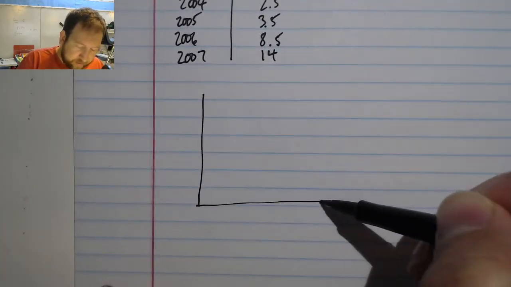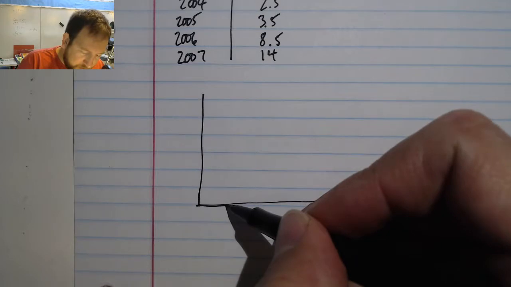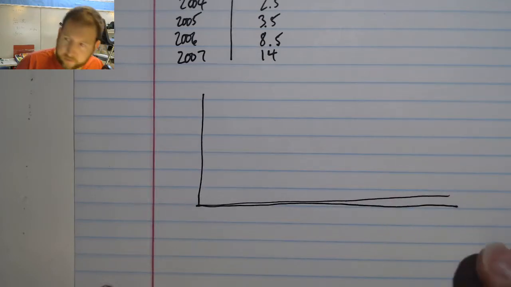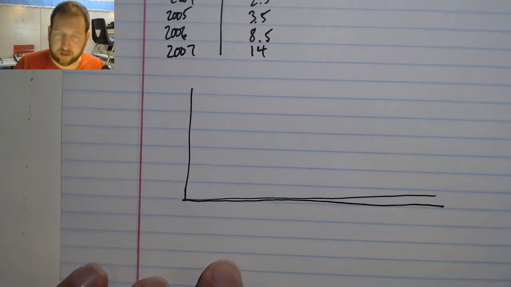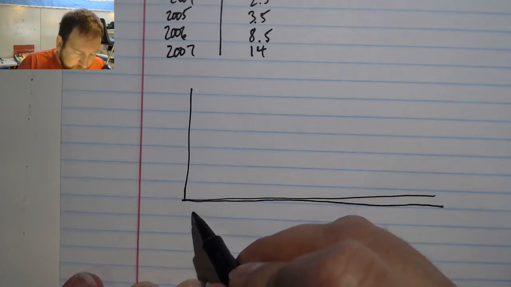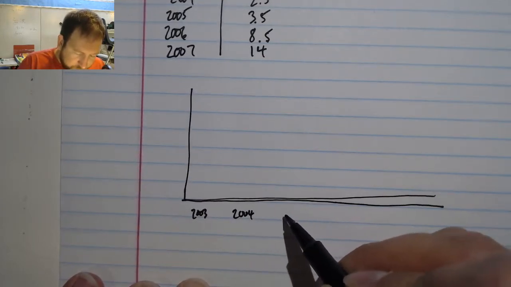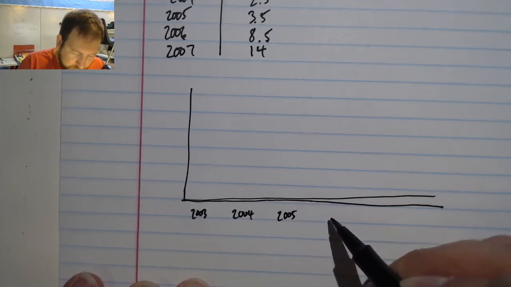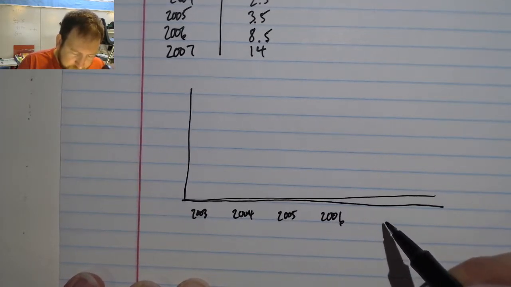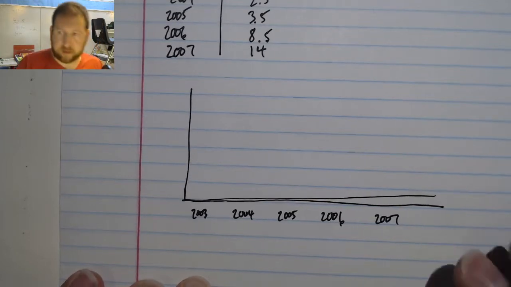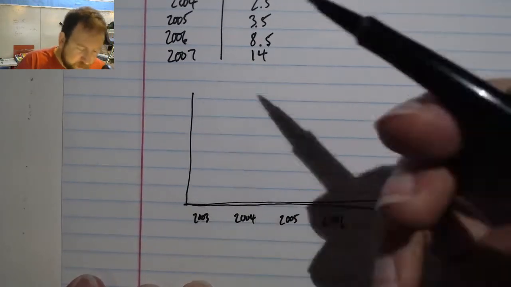Oops, man, my lines are terrible, even when I have a blue line to lead me along. So I'm going to put my 2003, 2004, 2005, 2006, and 2007. Now I need to decide how I want to sort this.